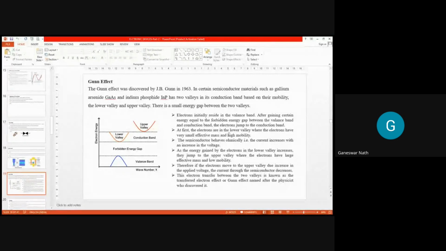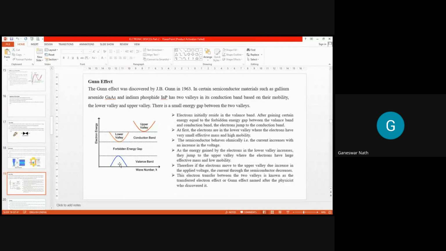So electrons initially reside in the valence band. It is a common thing. After gaining certain energy equal to the forbidden energy gap, the electrons jump to the conduction band. At first, the electrons are in the lower valley, where the electrons have very small effective mass and high mobility.